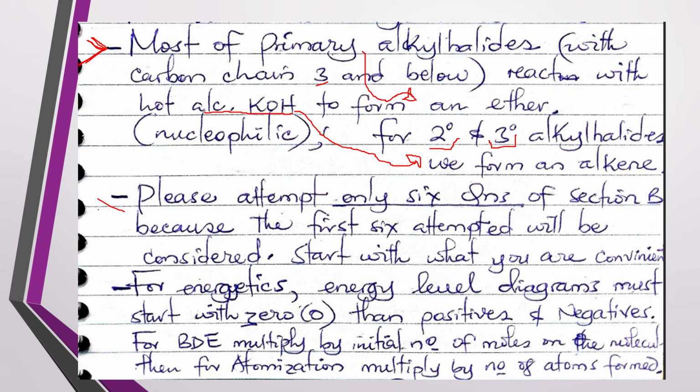So this is a point of emphasis for attempting the paper. Please attempt only 6 questions in section B. Now it's like this. If at all you tend to attempt more than that, when you're dealing with paper 2, we only count the first 6 numbers. Now in section B, they tell you to attempt 2 numbers. So if at all you have attempted 3, we are only going to consider the answer sheets that come first. We don't consider the number that you did well.